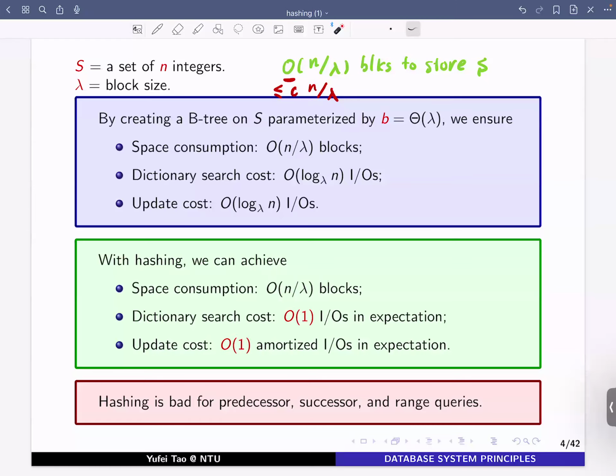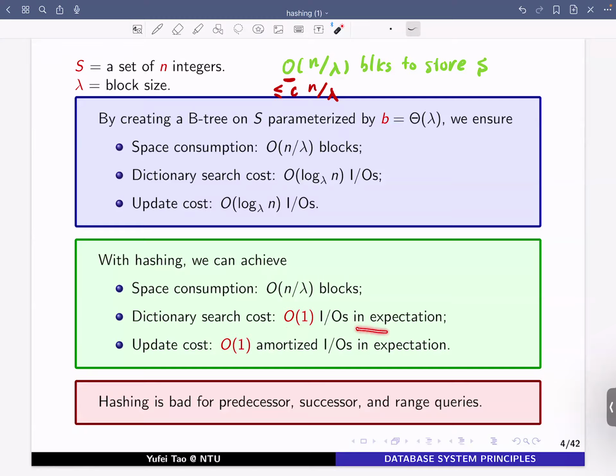There is a caveat, though. The caveat is that, as you will see, hashing is a random process. So sometimes the cost of the dictionary search will be higher, and other times it will be lower. However, on average, you're able to prove that the cost is bounded by a constant.